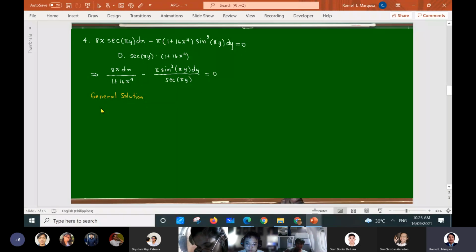So the general solution is given by this integral of 8x dx over 1 plus 16x to the fourth minus integral of pi sine squared pi y quantity dy all over secant of pi y, no?